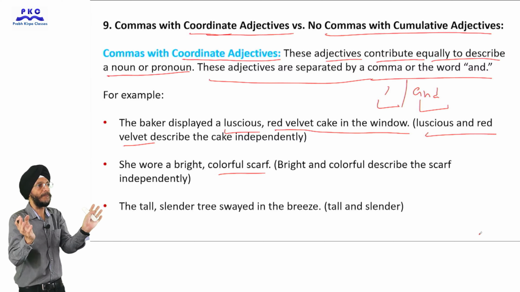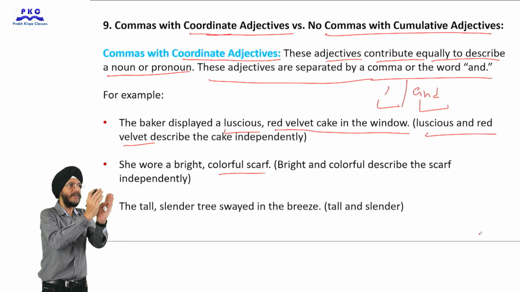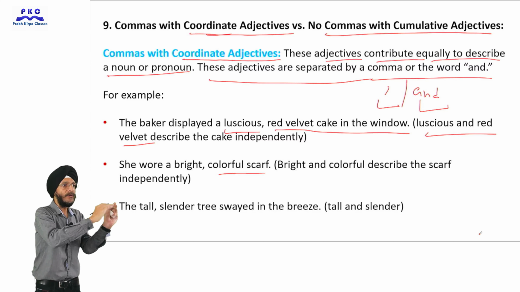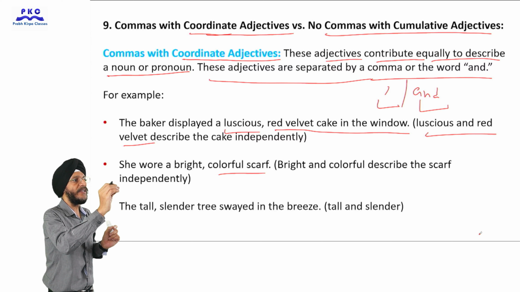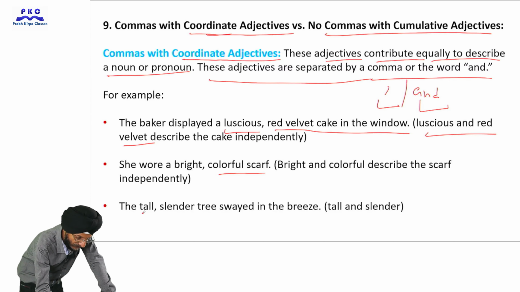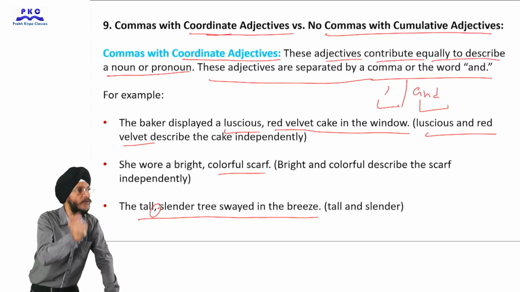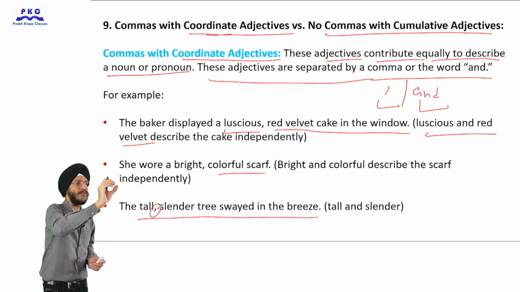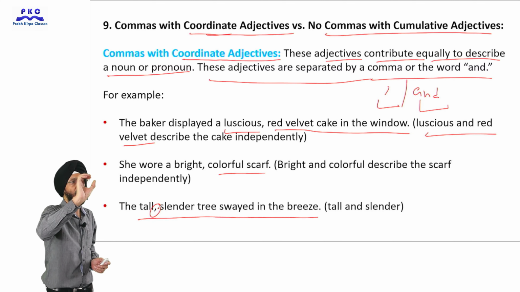It is also okay. That is in case of coordinate adjectives. We can use either a comma or we can separate them with the help of and. The tall, slender tree swayed in the breeze. Here we have used a comma. In place of a comma, we can also use and. So in case of coordinate adjectives, we have to use a comma or the word and.